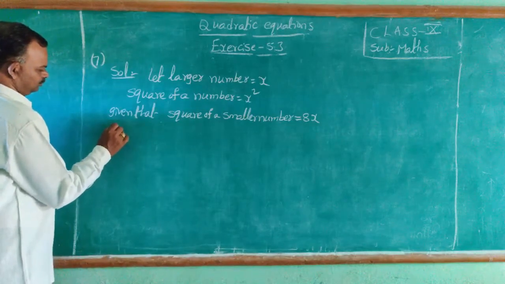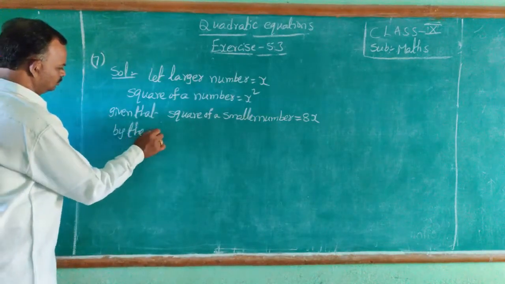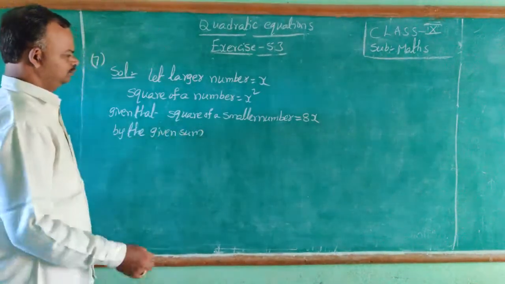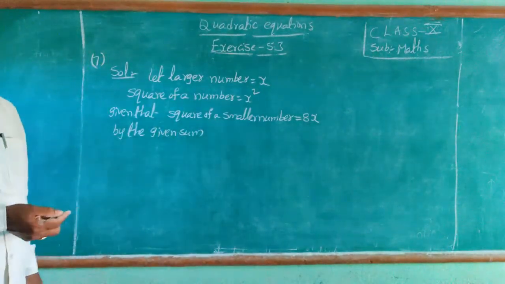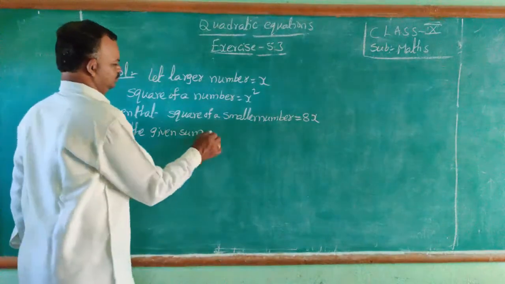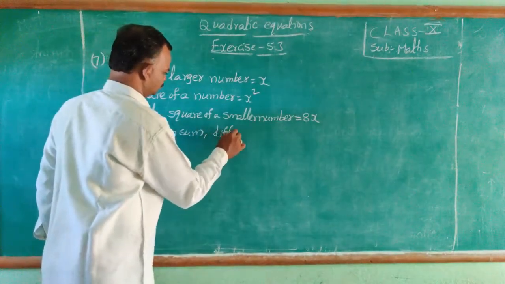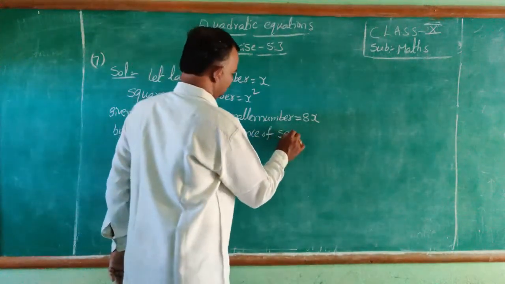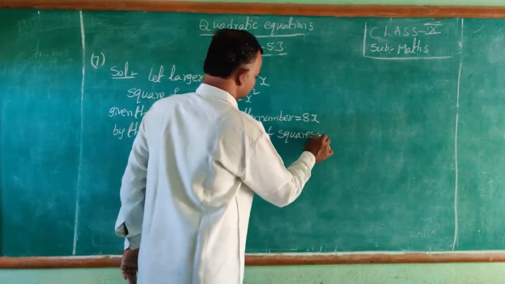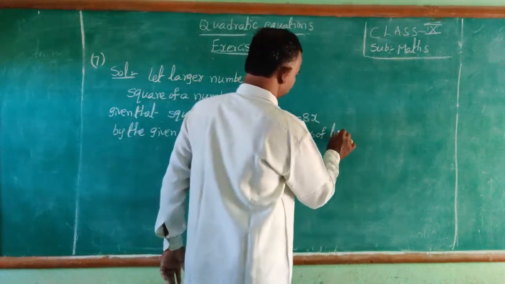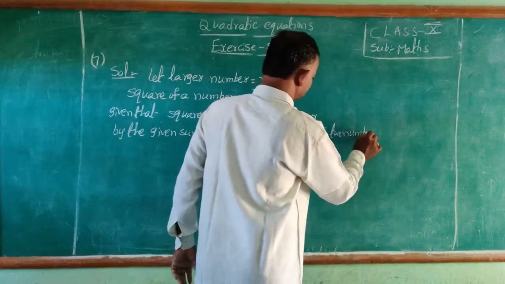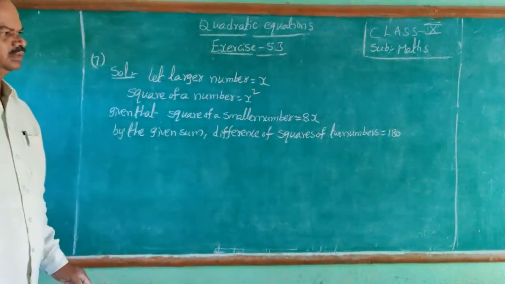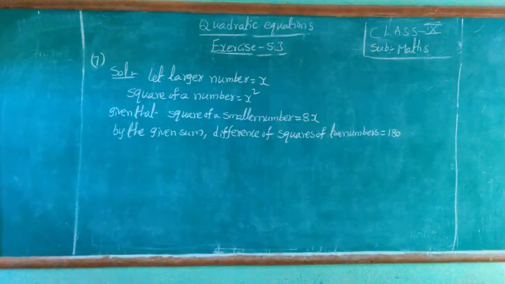Next, by the given sum, the difference of squares of two numbers is equal to 180.